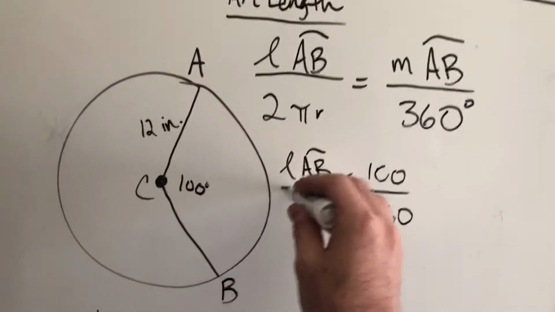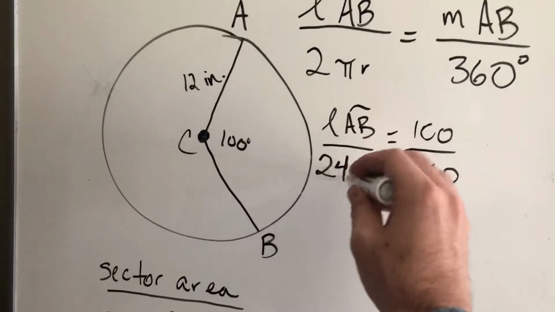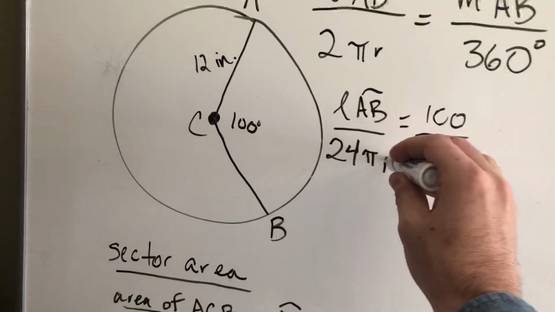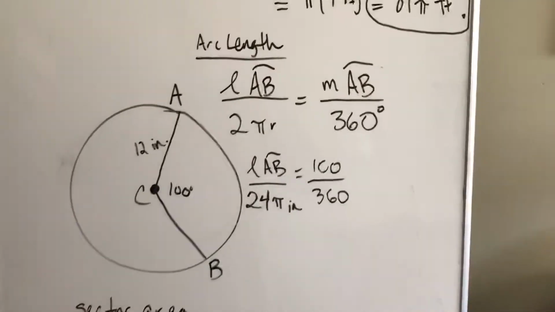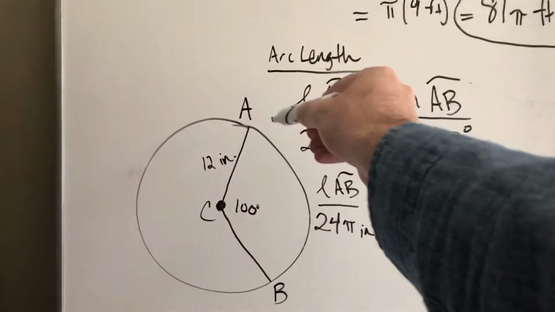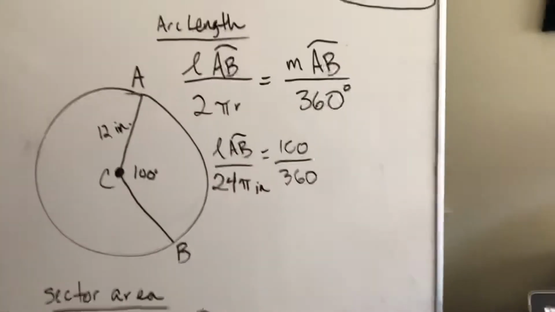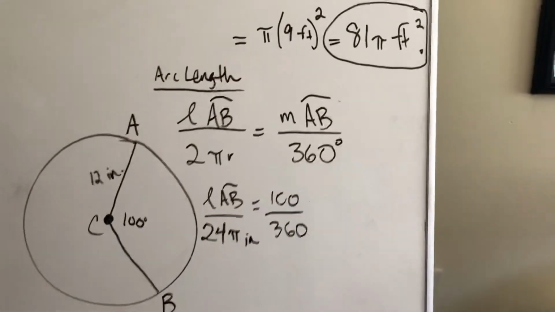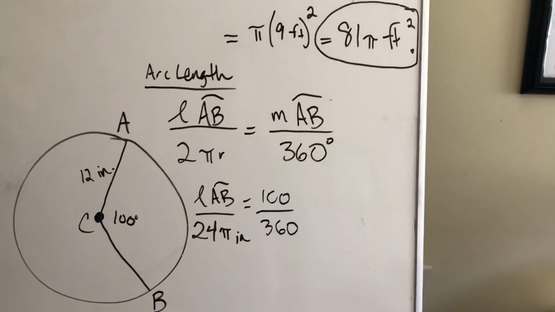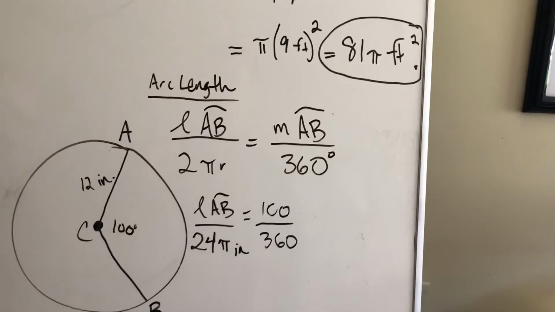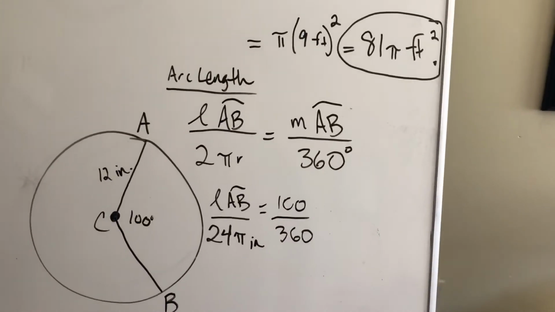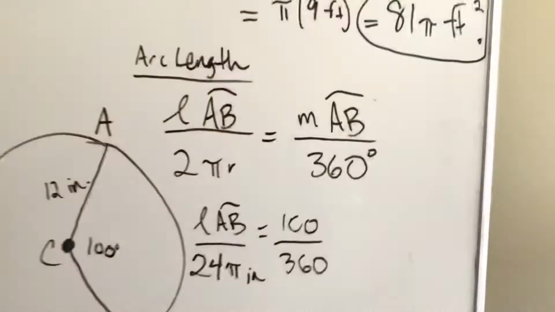Let's make that 24 pi inches. I know my answer is going to be in inches since we're measuring the length. It's not a straight line or a straight segment, but it is going to be just straight inches when we get to the end here. I would simplify the fraction on the right side, 100 over 360. You can drop the zeros, and then you can divide by 2, making it 5 over 18.